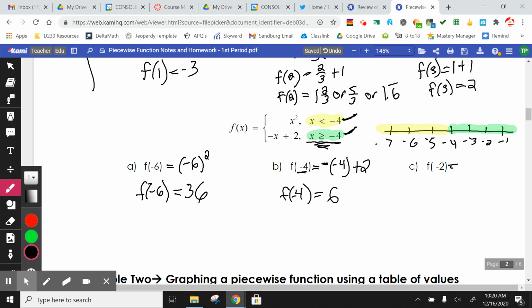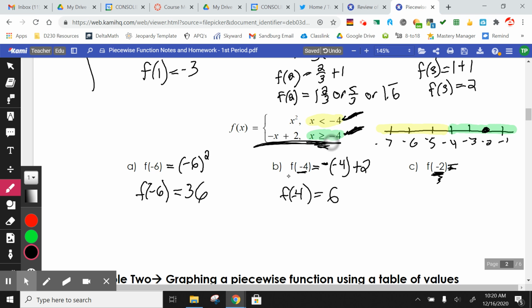Okay, the last one, f of -2. Again, here's our x value. -2 is the x value. We want to look at our two parts here and here and identify where -2 fits. Is -2 less than -4, or is x = -2 greater than or equal to -4? That's why we kind of want this number line. Isn't -2 on the greater than side of -4?